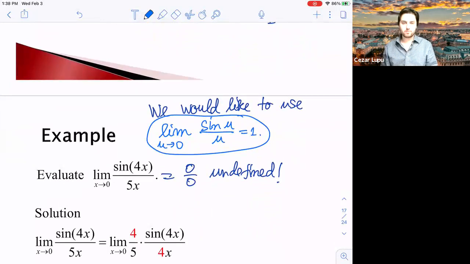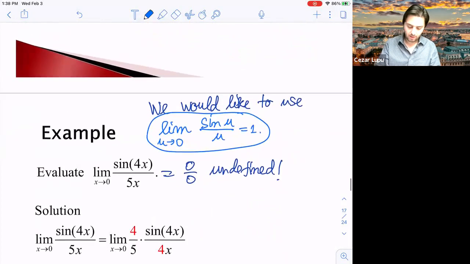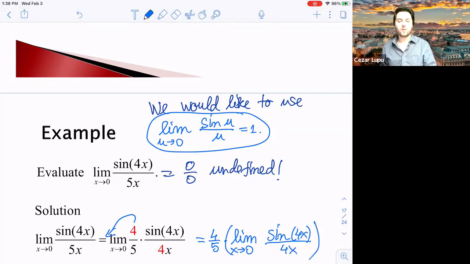And now, once we do this, it's very similar. So you see this guy here, we're going to take 4 over 5 outside the limit. So this would be 4 over 5 times the limit as x approaches 0 of sine of 4x over 4x. And as x approaches 0, 4x will approach 0.